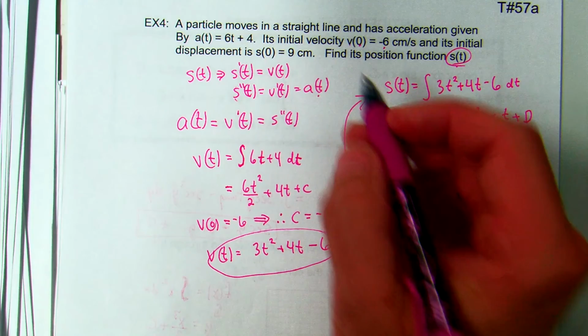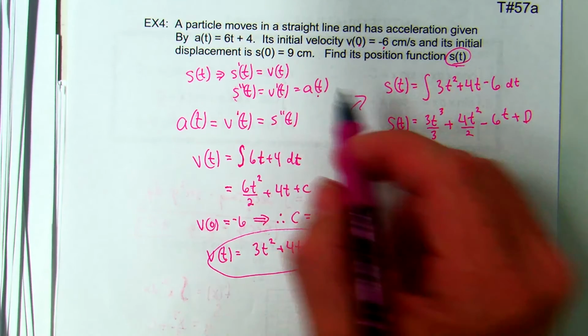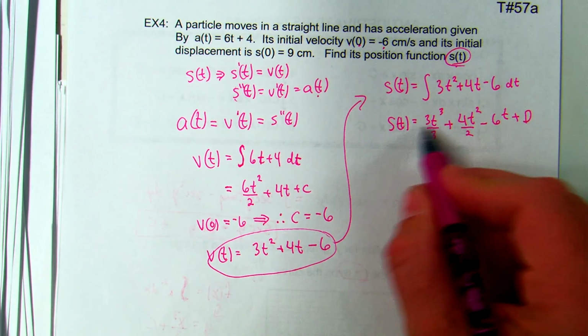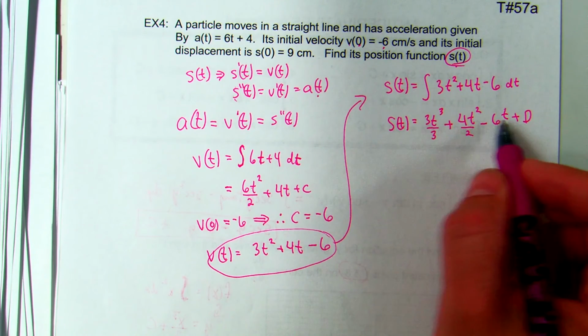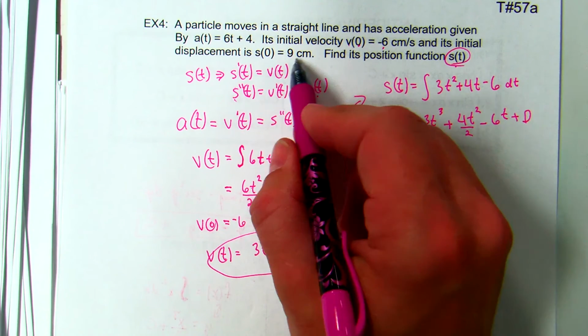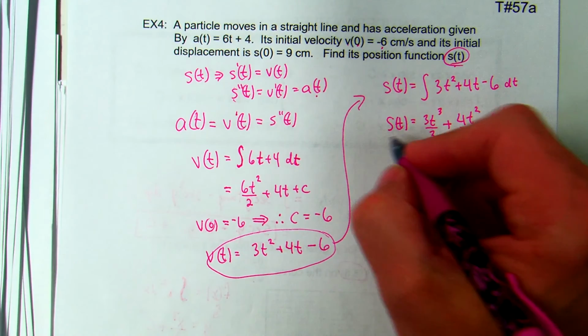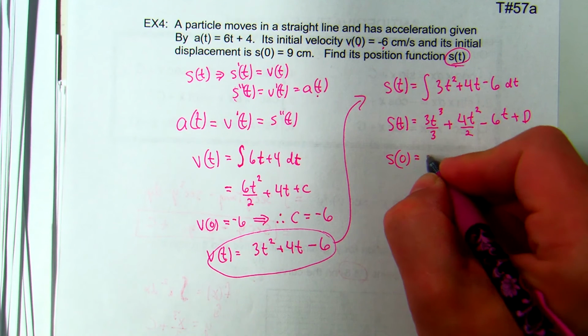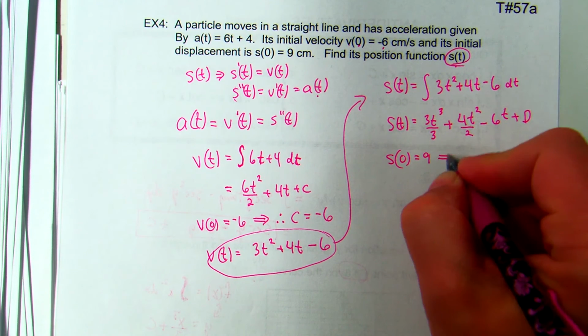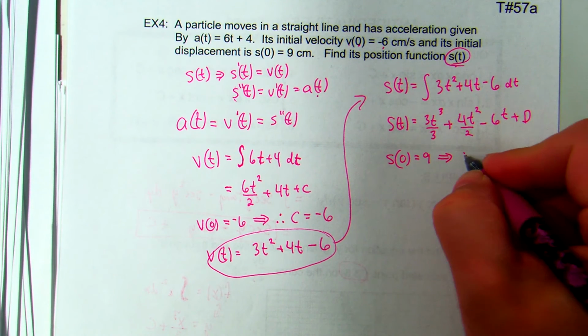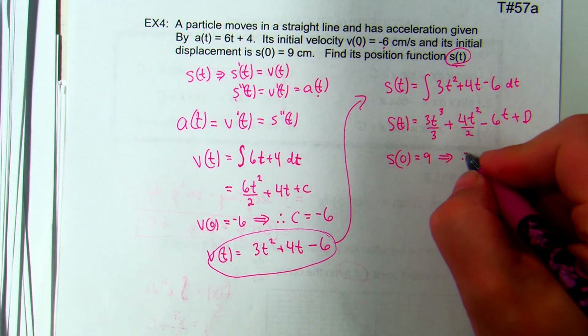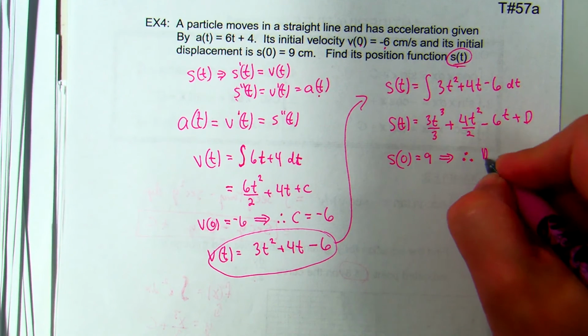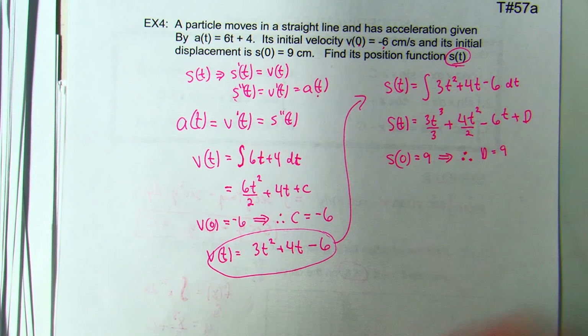It also gave us that when t is 0 in the original function, the displacement is 9 centimeters. Because s of 0 is equal to 9, we can deduce, therefore, that d equals 9.